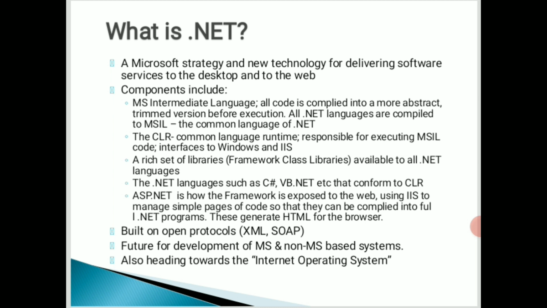The CLR, common language runtime, is responsible for executing MSIL code, interfacing to Windows and IIS. A rich set of libraries is available to all .NET languages, such as C# and VB.NET, that conform to the CLR.